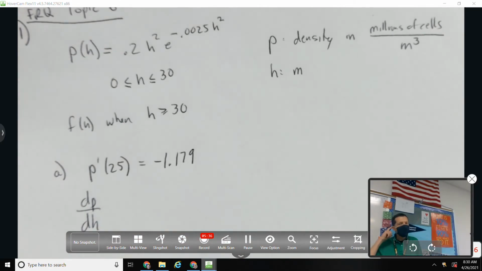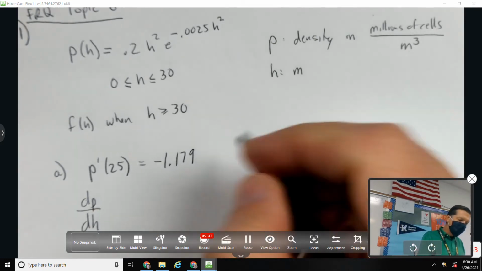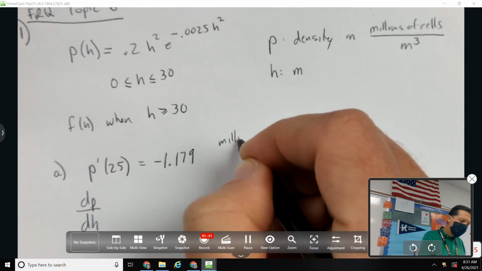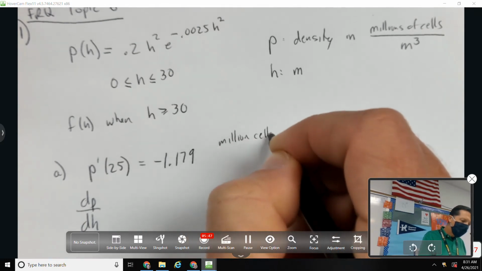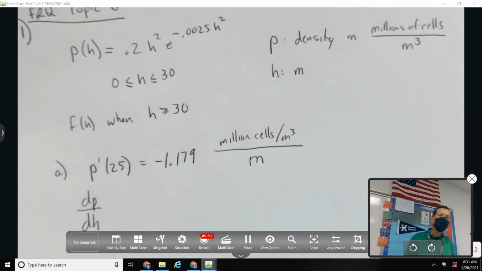Maybe that would help with units. So P is millions of cells per meter cubed, per meter, because the H is in meters. Now you could make that millions of cells per meters to the fourth, but that really wouldn't make sense in terms of the problem. So P prime is how P is changing with respect to H.